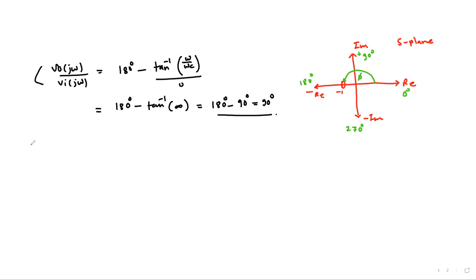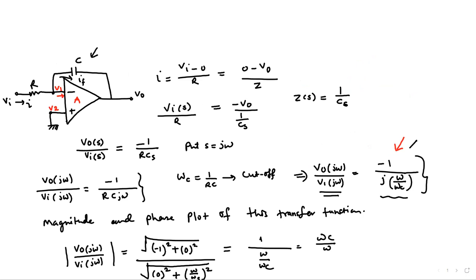Okay, so there is another way to solve for the phase. Here we have the term V out of j omega divided by V in of j omega, and that expression is -1 over j omega RC, or omega c by omega.